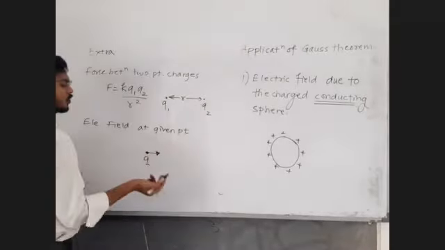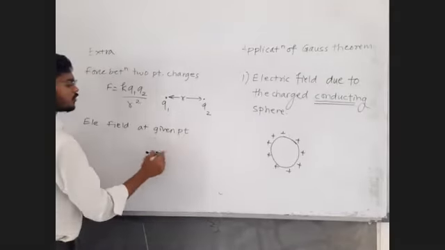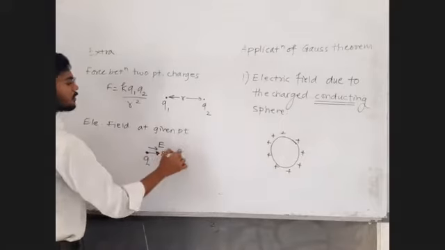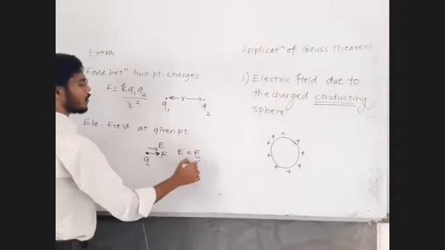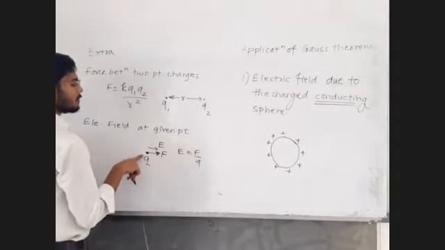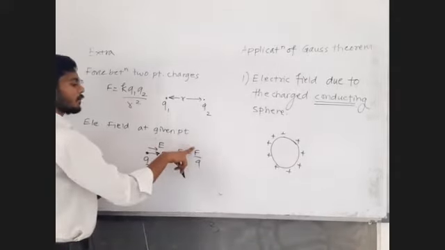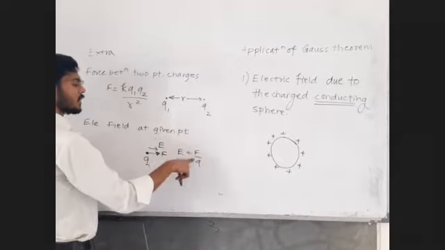Place any charge Q that you want there, find out the force on that charge, and by using the formula E is equal to F upon Q. When the charge Q is placed in the electric field equal to E, it will experience a force of F. So, force experienced by given charge upon given charge.